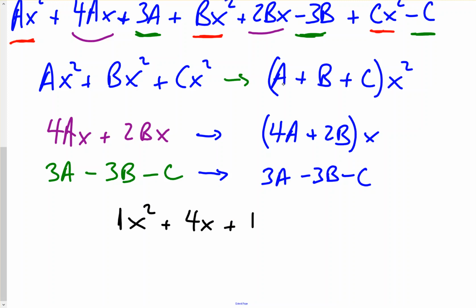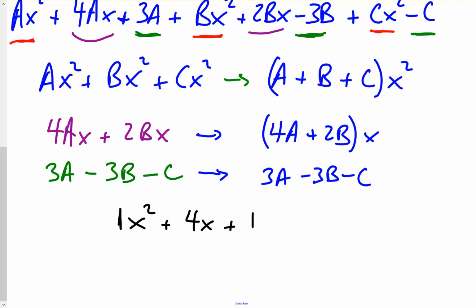That means a plus b plus c, those are the ones with the x squared, has to equal 1. It has to match up to that value there. And then for the ones with the x's, the 4a plus the 2b has to be equal to the 4. And then the 3a minus 3b minus c has to equal 1.